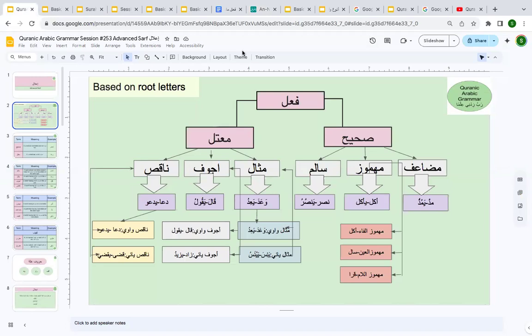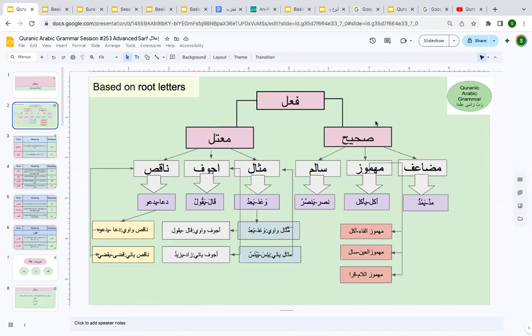And when I ask you in your test to classify everything, you should be able to tell me that this is sahih, this is sahih mahmuz, and this is mahmuzul lam. Okay, this is what I'm expecting to hear from you all. Okay, because when it is mahmuz, or if it is misal, ajwaf, naqis, you can all have this further subclassification, which is not there for muda'af or salim, right?